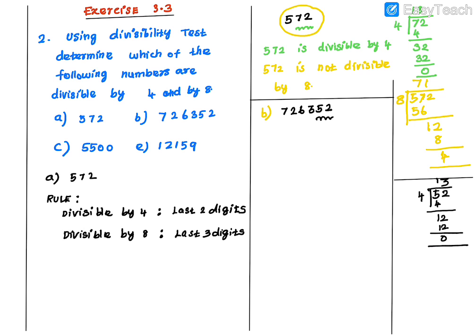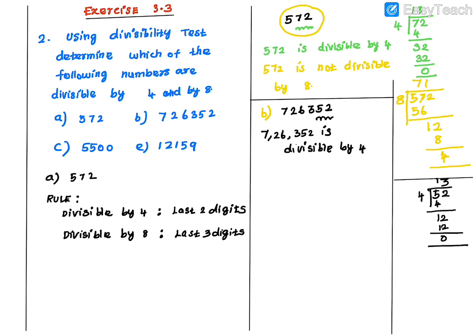That means it divides completely. So we can write 7,26,352 is divisible by 4.